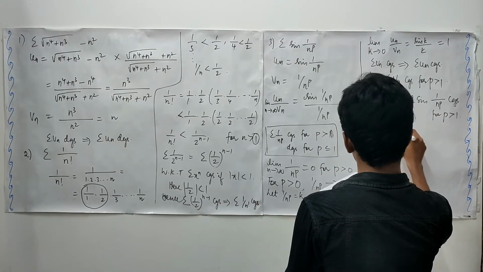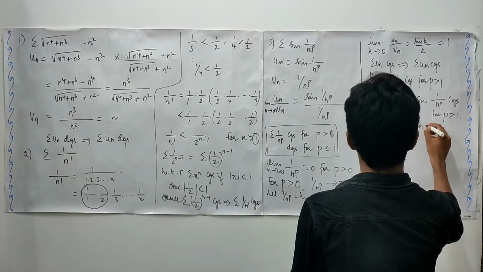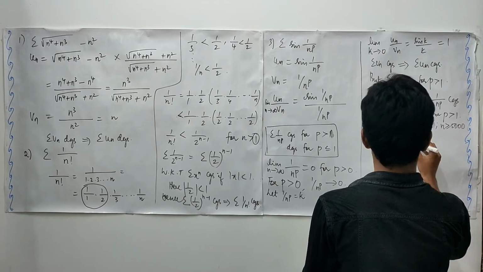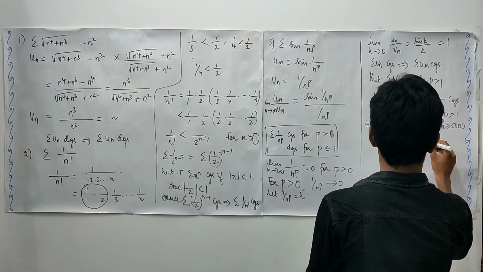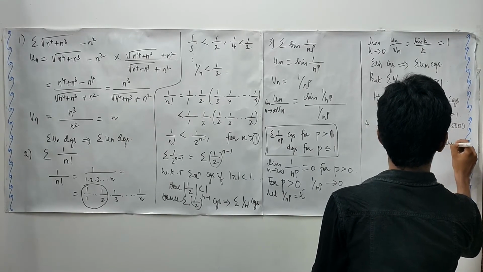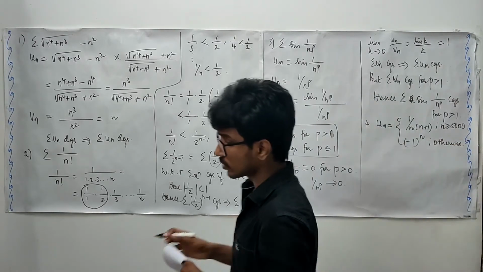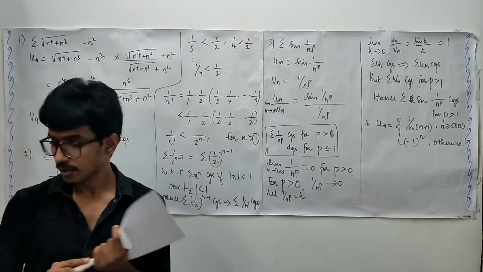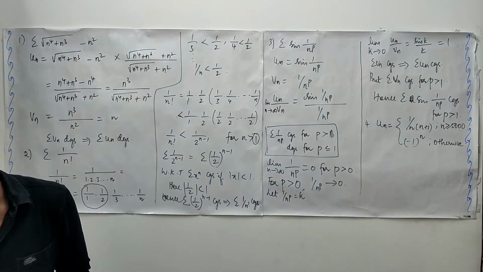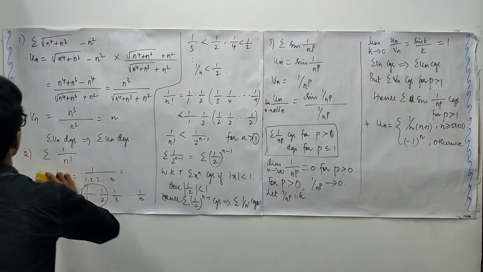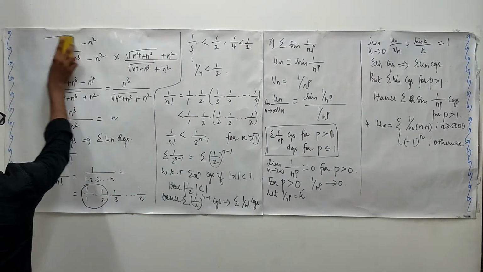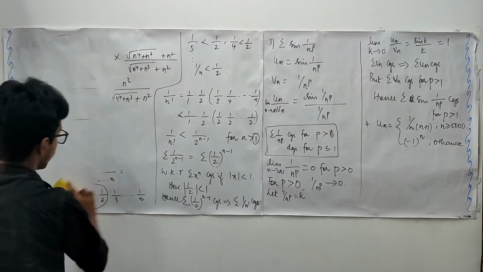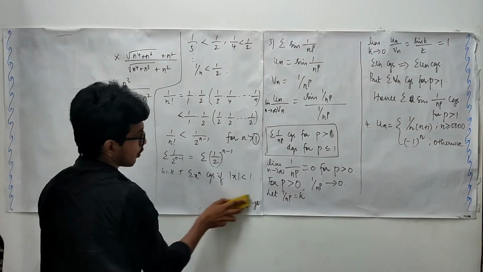un is equal to 1 upon n times n plus 1 for n bigger than or equals 5000, and minus 1 per n otherwise. You will have to closely look at the problem now, because whenever something is given till a certain range this is going to happen, after that this will happen, that would be given in usual problems.